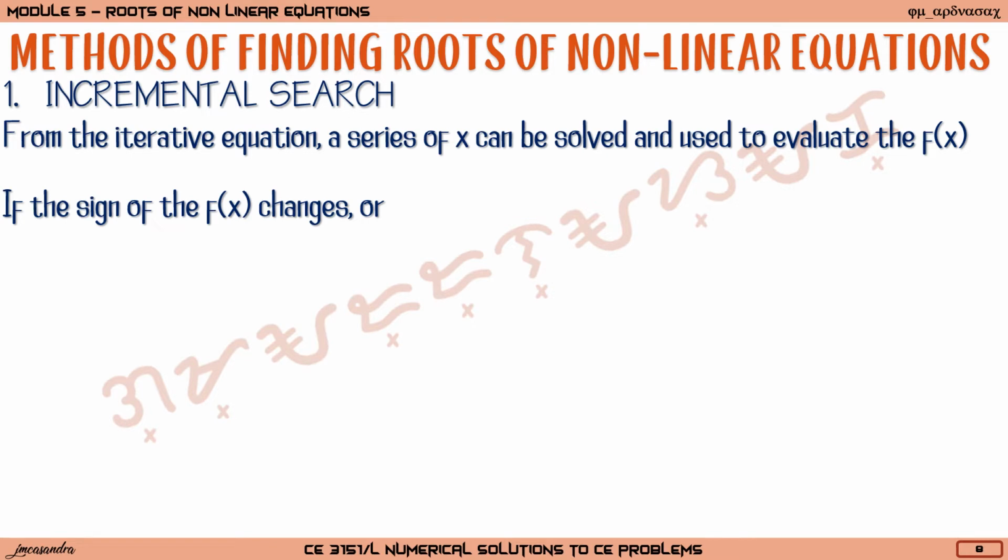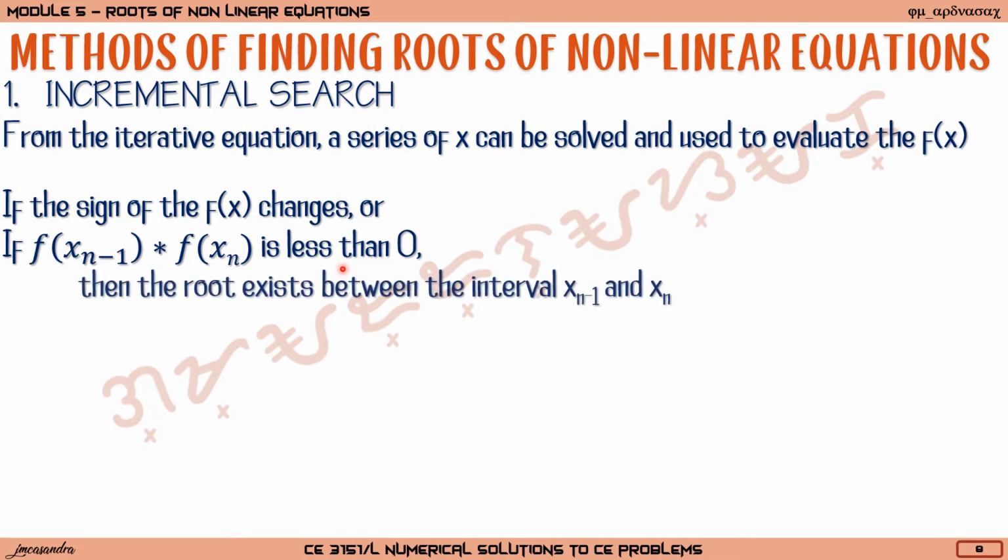And if the sign of f(x) changes as we substitute the values of x in our iterations, so if f(x n minus 1) times f(x n) is less than 0, then the root would exist between x n minus 1 and x n.